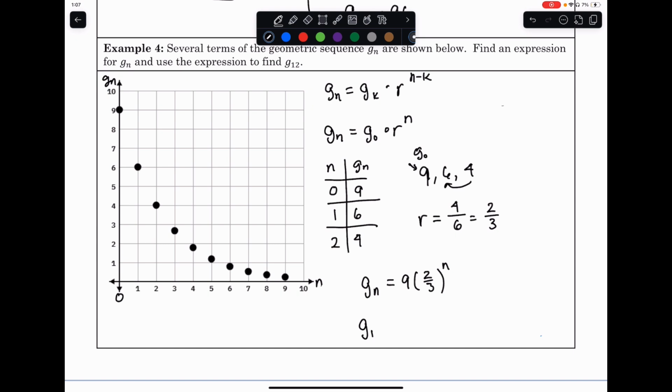So to figure out the 13th term, G of 12, which is the 13th term in the sequence, I'm going to multiply 9 with 2 over 3 to the 12th power.